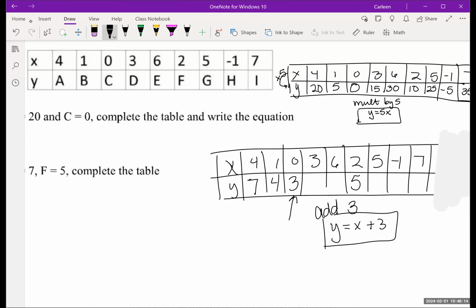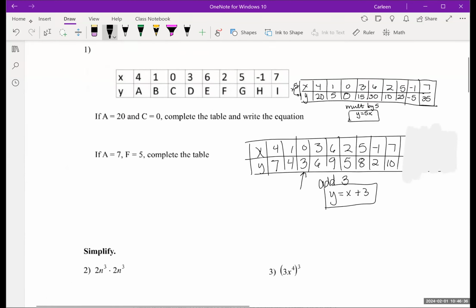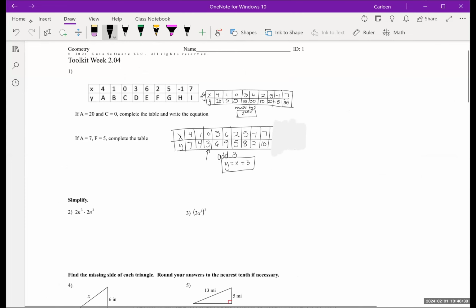There is no multiplication sign, right? A coefficient and a variable next to each other implies multiplication. So we are going to add 3 to these terms. Okay, not too bad. We are going to move on to the next one.